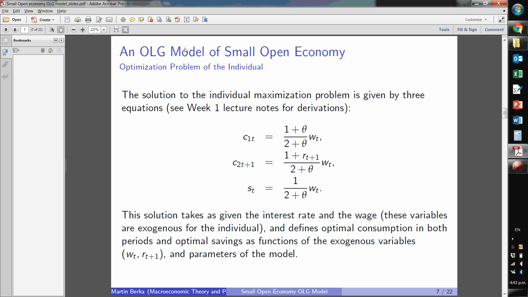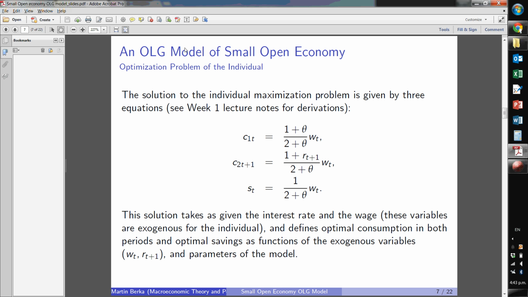In the second period, consumption is again a share of lifetime income, but this share now depends on the interest rate, and there's the substitution effect in work. Finally, savings is the leftover from the income in the first period which is not consumed, and that's just 1 over (2 plus theta) times w_t.